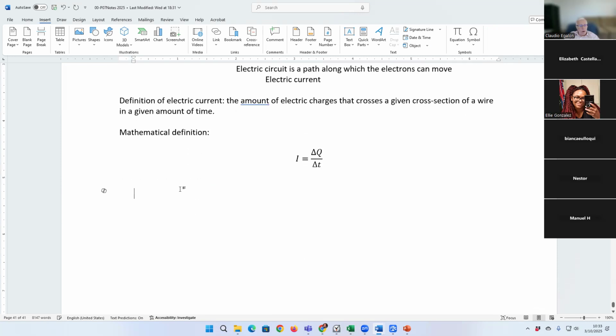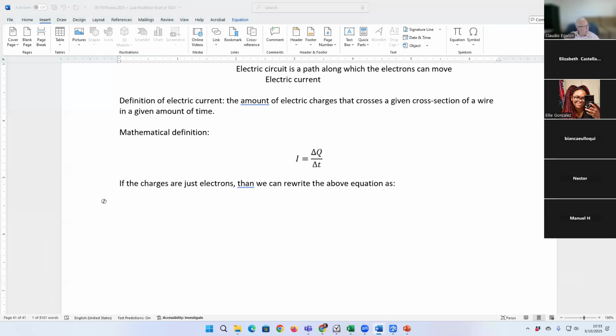If the charges are just electrons, then we can write the above equation as the number of electrons times their charge.